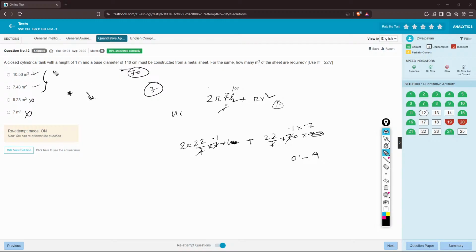The height is only 1, so no issues there. But for diameter 140, the radius would be 70. That means centimeters. So 100 cm is 1 meter. So 0.7, sure.